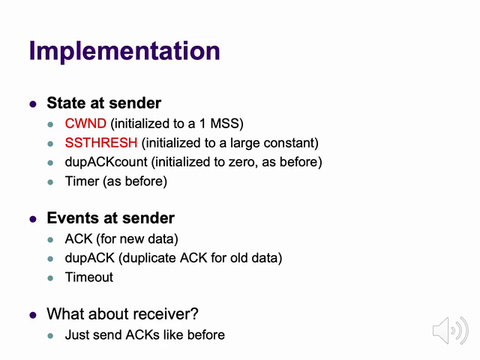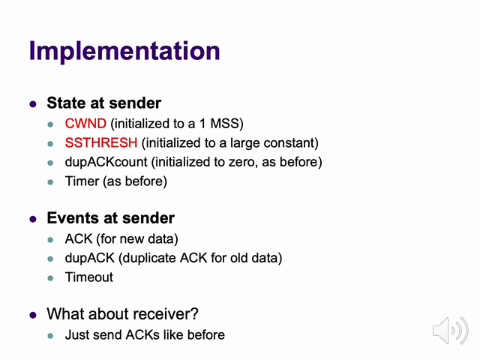And then as before, things we had for reliability, a dupack counter initialized to 0, and timers as we had before. The events that you have to react to at the sender are ACKs for new data, dupacks, which are duplicate acknowledgements for old data, and timeouts.